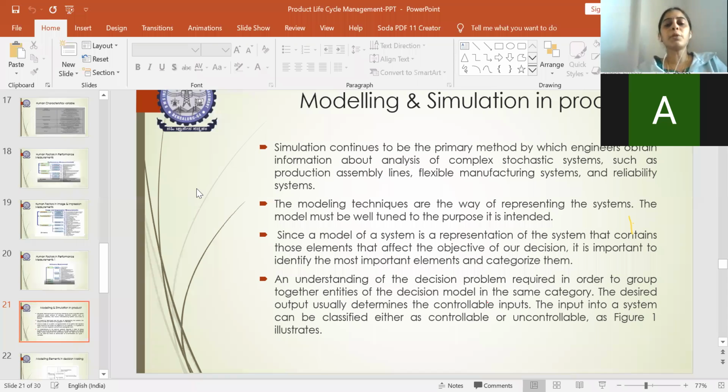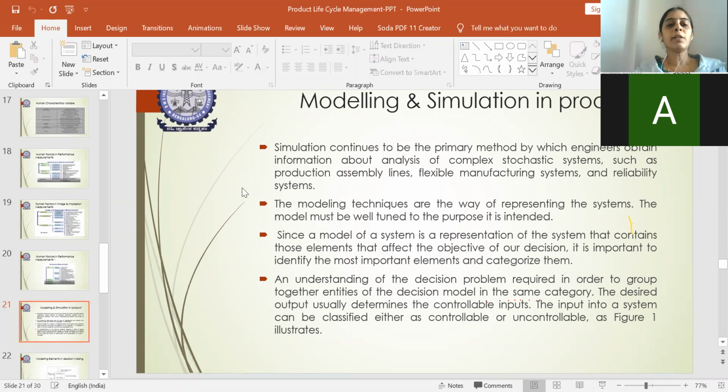And later you should know about the modeling and simulation part. So why is modeling and simulation needed? It is very much needed before you manufacture the product on a larger scale, because you first have to check whether the design you have made is suitable for manufacturing.